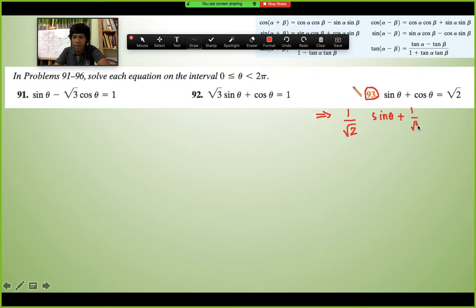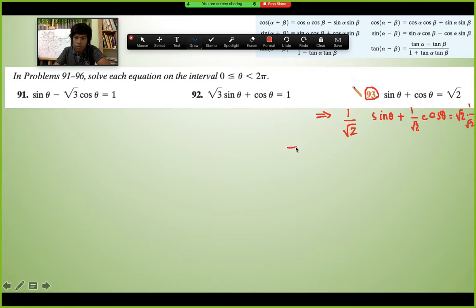We are multiplying the whole equation by 1 by root 2. So root 2 into 1 by root 2, then root 2 will be cancelled out, and we get 1 by root 2.